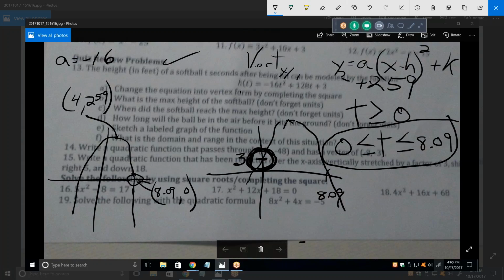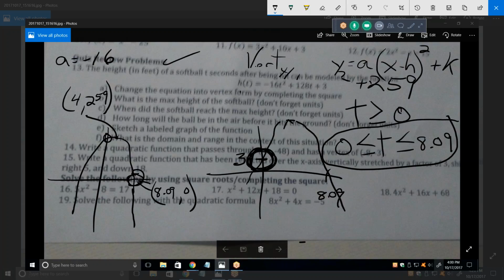No further motion takes place. It starts at 0 and it hits the ground at 8.09 seconds. So we'll call the domain in between those two numbers. What's the range? So 0 is less than or equal to h of t. What's the highest point that it gets to? 259. That's the range, 0 to 259.